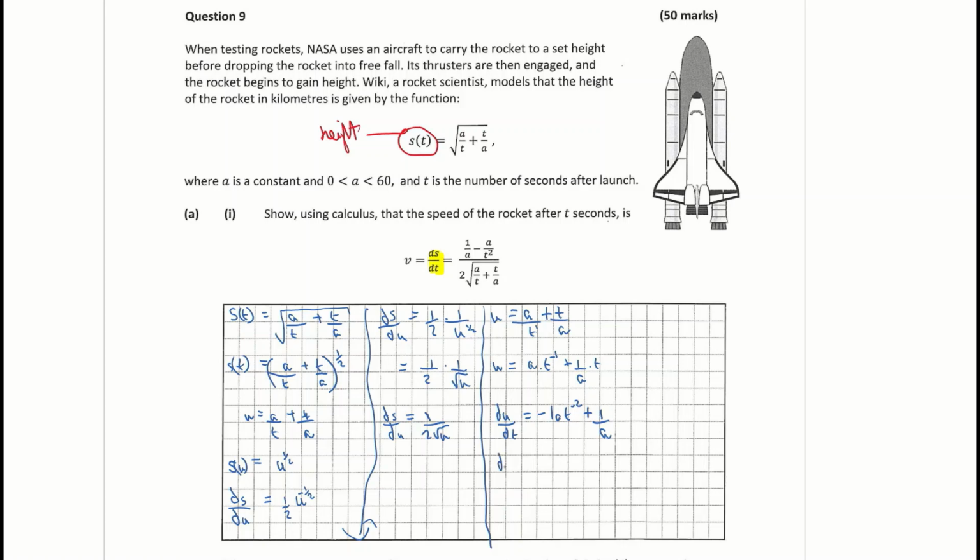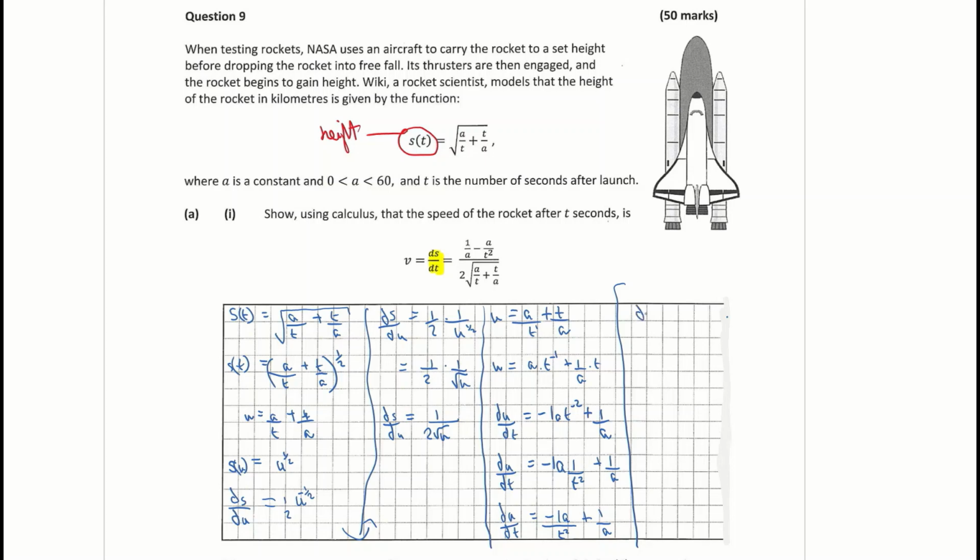So rewriting that, I have du/dt equals minus 1a times 1 over t to the power of positive 2. So I'm turning that t to the -2 into my fraction, and then that's plus 1 over a. And that's the same as du/dt equals minus a over t squared plus 1 over a. So my next part now is to put this all back together.